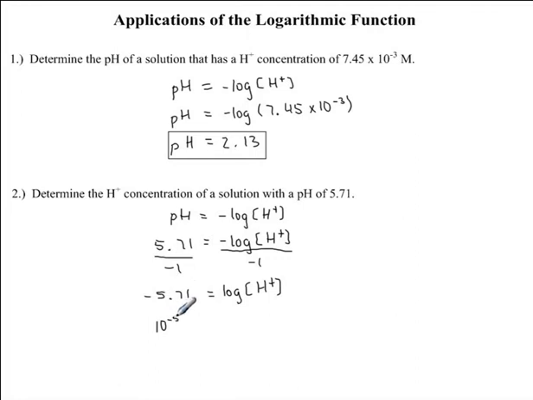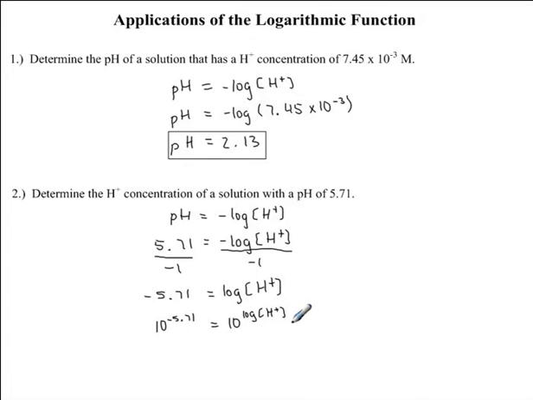So 10 to the exponent negative 5.71. And I'm going to do the same thing on the other side. So we have a base of 10 to the exponent of the logarithmic function, the concentration of the hydronium ion.